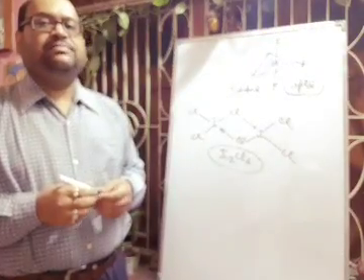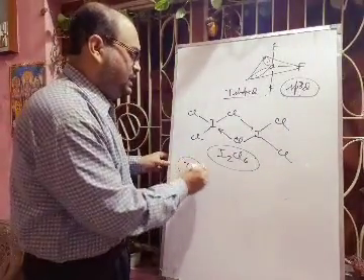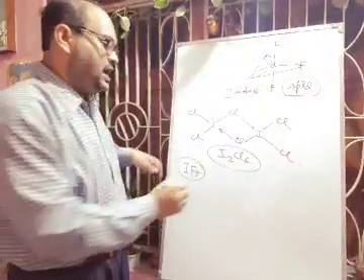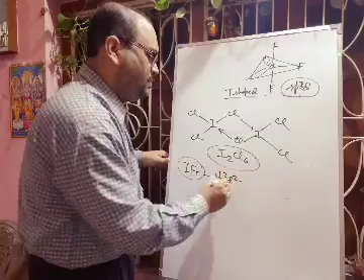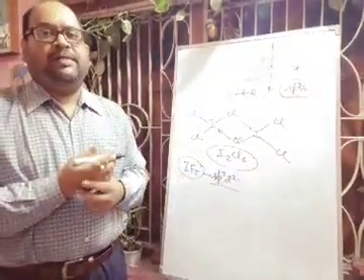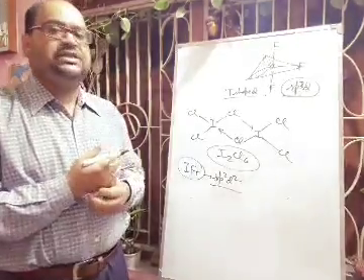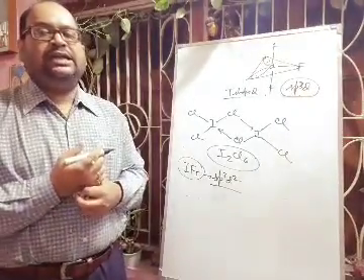Next we will go to IF5. In case of IF5, the hybridization will be sp3d2. So its structure should be octahedral, but one position is occupied by a lone pair. So that is why it has distorted octahedral geometry.